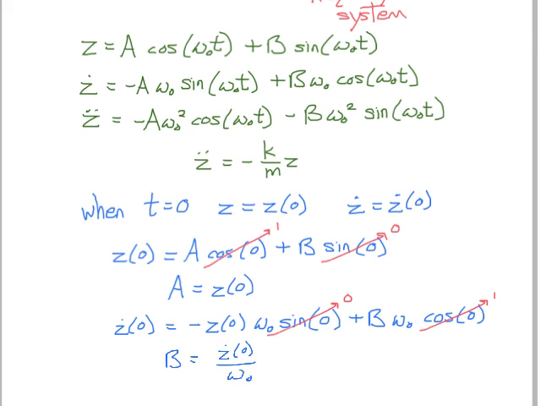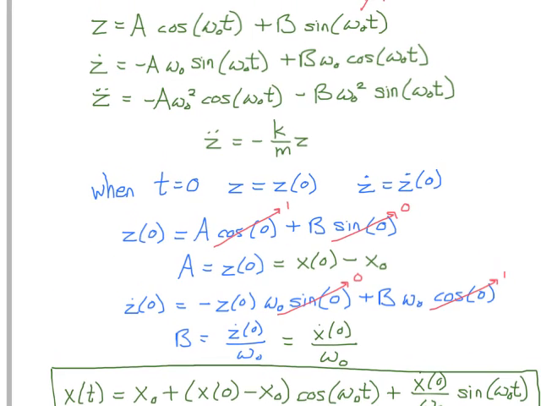So now let's convert back to our original coordinates, and that means that our coefficient a is going to be equal to our initial position minus the resting length of the spring, and then our coefficient b will be equal to x dot, our initial speed, divided by the natural frequency.